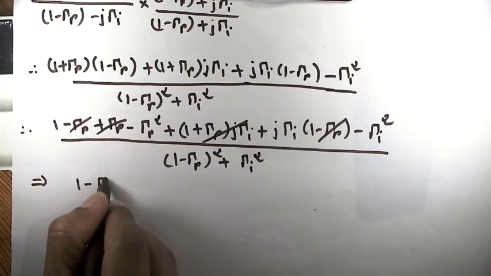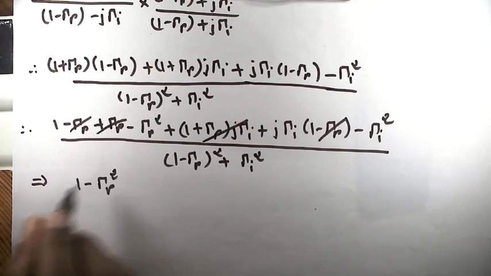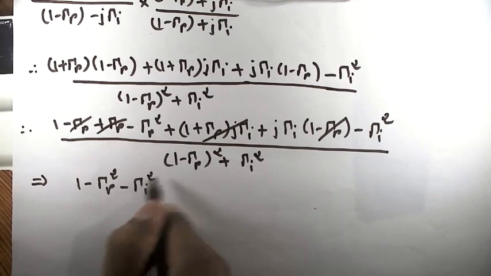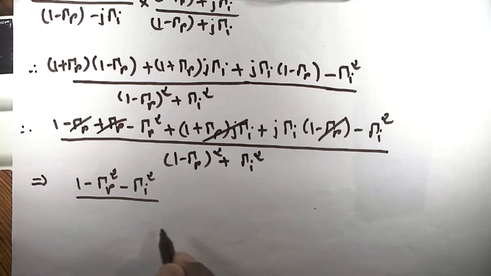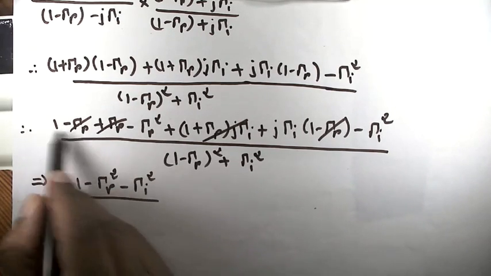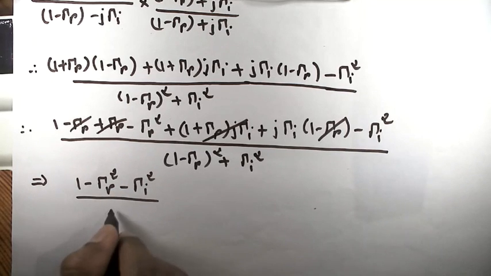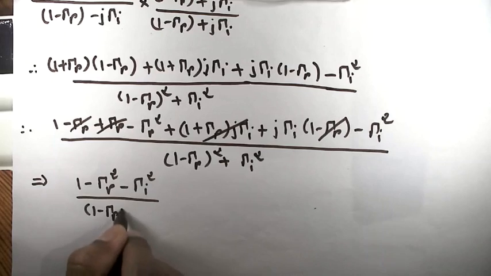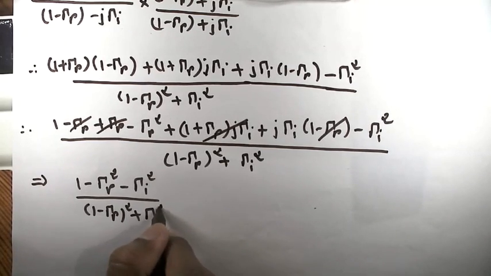1 minus sigma r square minus sigma I square. Now I try to separate out the real part: 1 minus sigma r square minus sigma I square divided by 1 minus sigma r whole square plus sigma I square.